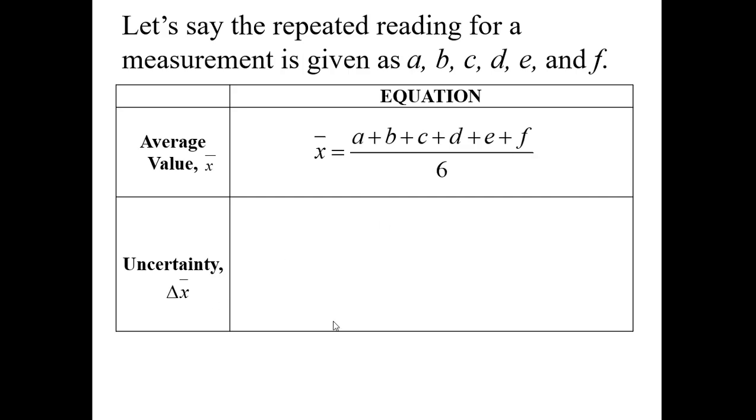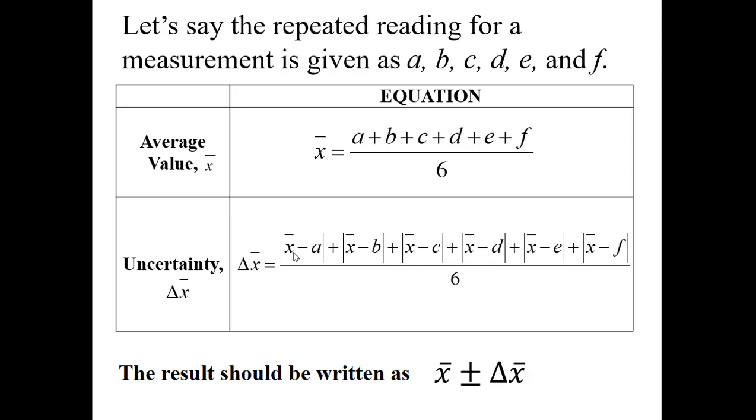Then the uncertainty will be, we take the average value we calculated minus the measured value for each reading, then we obtain the average of the differences. That we consider as our uncertainty. So the result should be written as average value plus minus uncertainty.